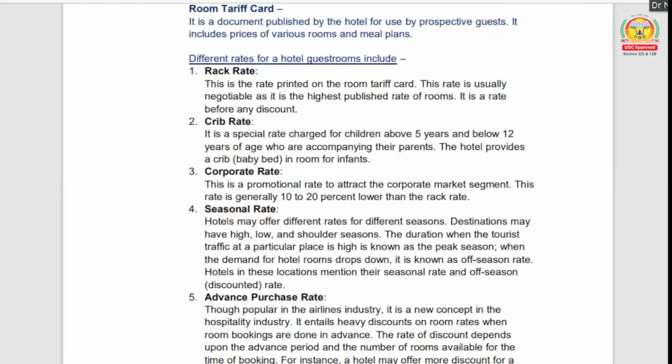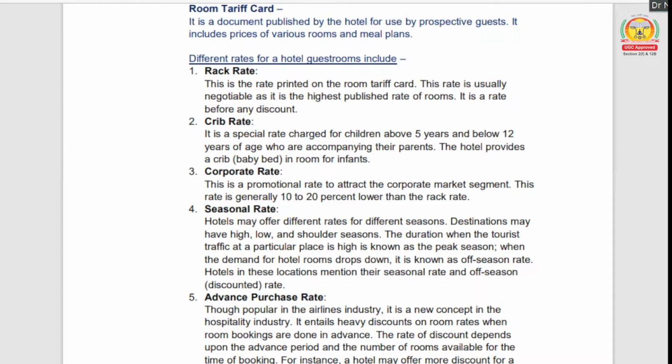The hotel provides a crib, a baby bed, in the room for infants. So the hotel will give the extra bed, and that is called a crib bed for the infant. So it will be charged especially with the room rate. So this is a crib rate, which is a room rate combined with the crib charges.